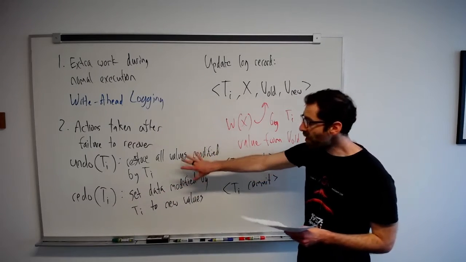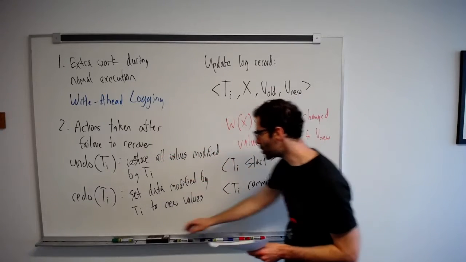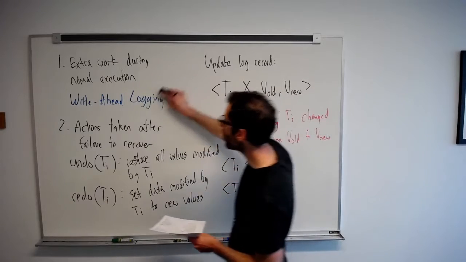So when the database fails, how do we know which transactions we should undo and which we should redo?